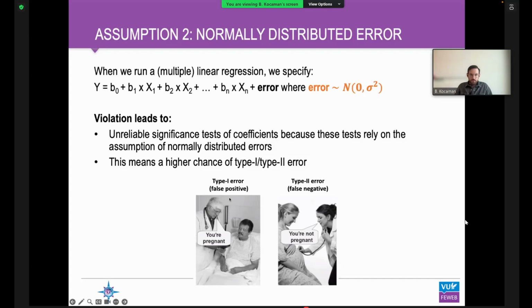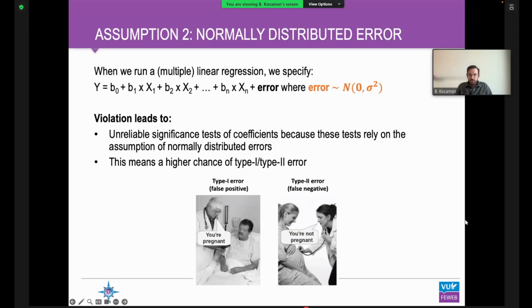If you remember type 1 and type 2 errors, in the type 1 error, you actually don't have a real effect. In this case, this man is not pregnant, but your conclusion is that this person is pregnant. So this is also called a false positive: there is no effect in reality, but you conclude that there is an effect.